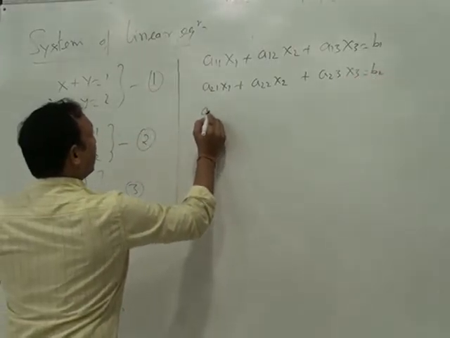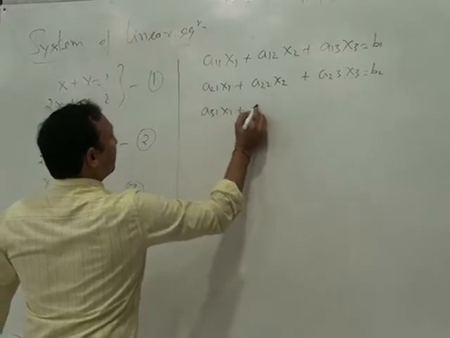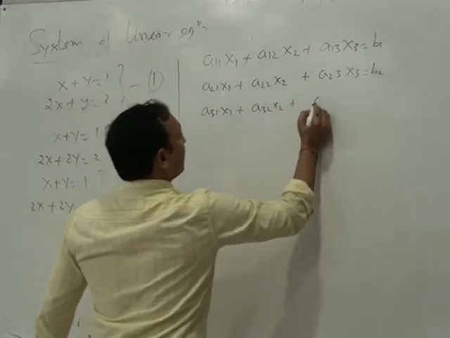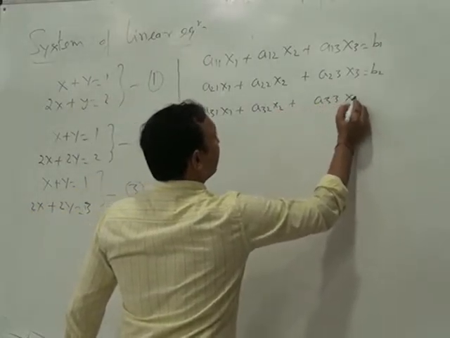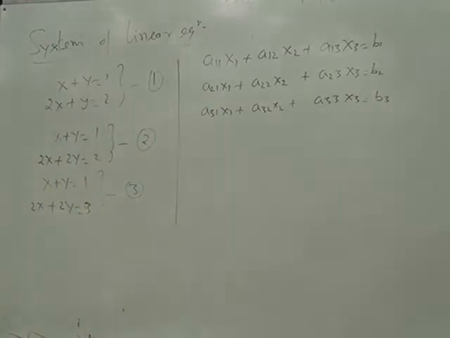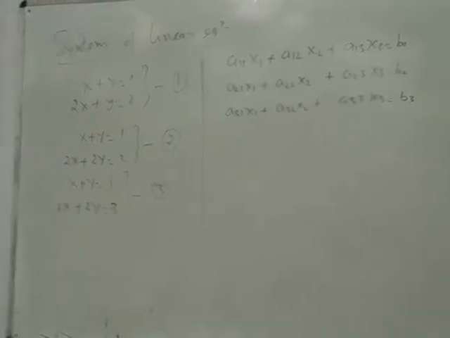Then a31 x1 plus a32 x2 plus a33 x3 equal to b3. I want to solve this system of linear equations, correct?